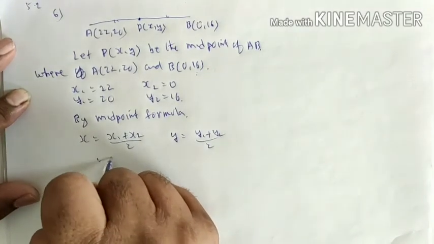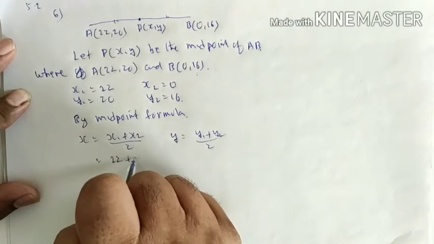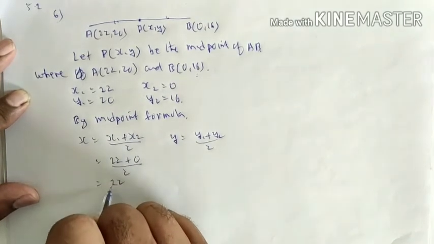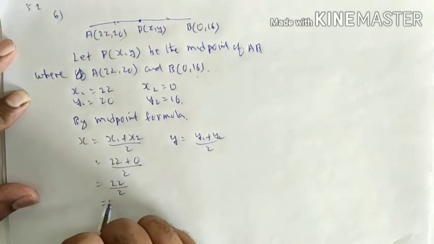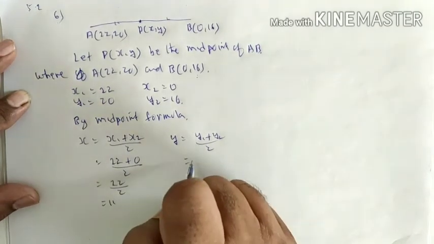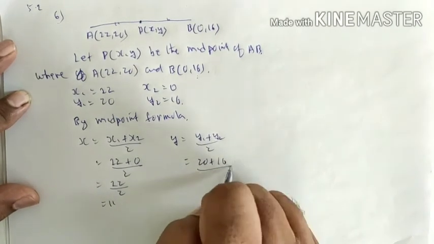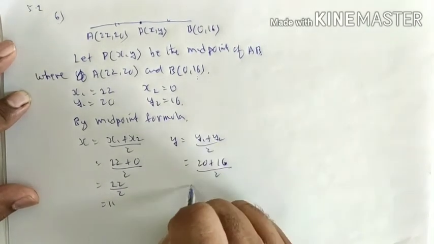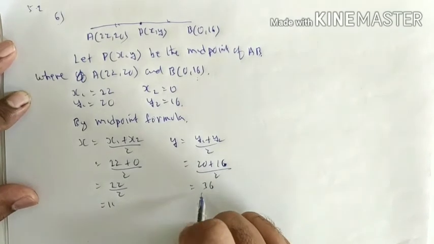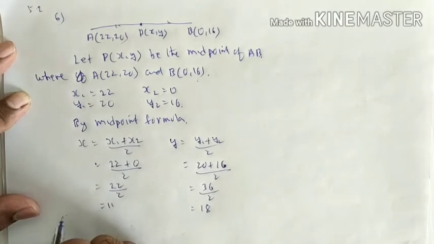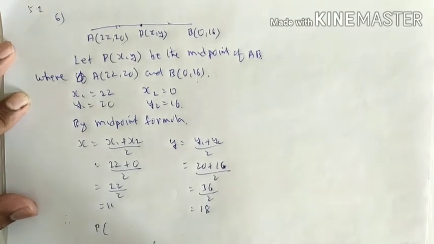So x is equal to (22 plus 0) upon 2, that is 22 upon 2, which is equal to 11, and y is equal to (20 plus 16) upon 2, which is equal to 36 upon 2, which is equal to 18. Therefore P(11, 18) is the midpoint.